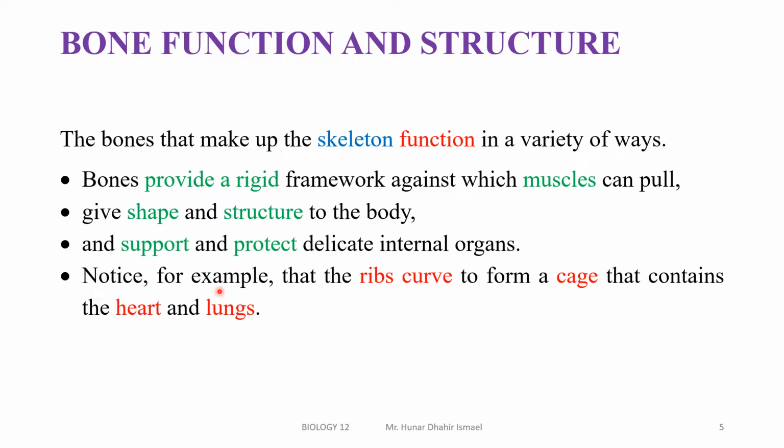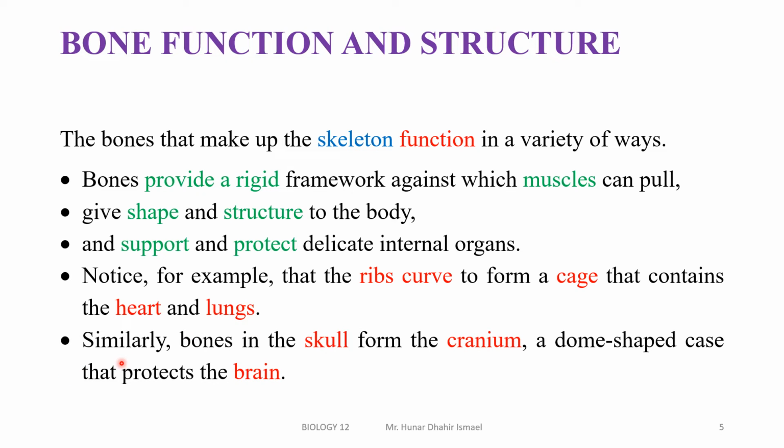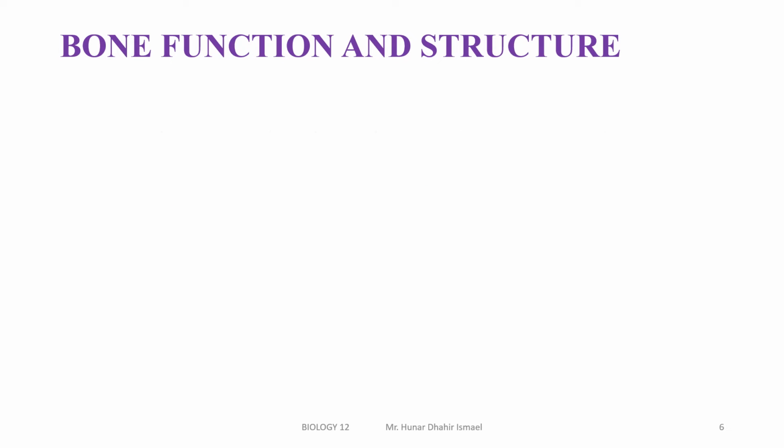Here, notice, for example, the ribs curve to form a cage that contains the heart and lungs. Similarly, bones in the skull form the cranium, a dome-shaped case that protects the brain.